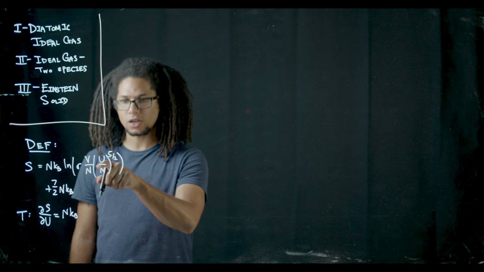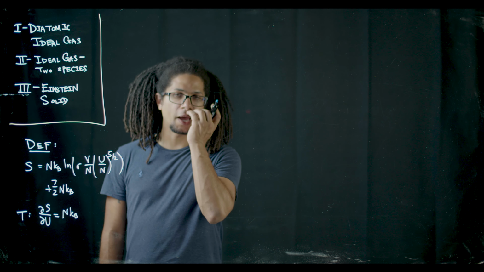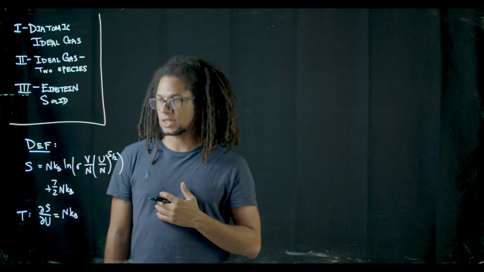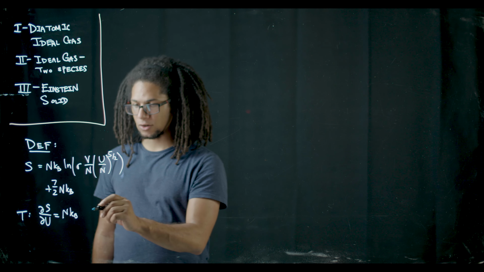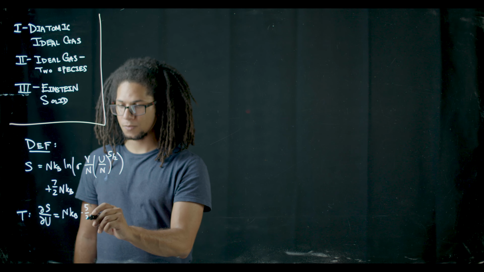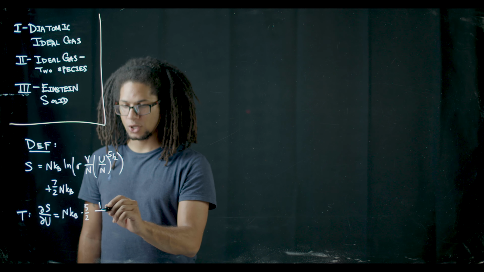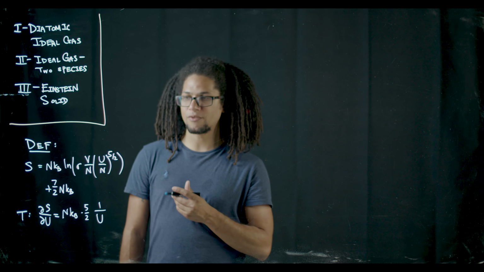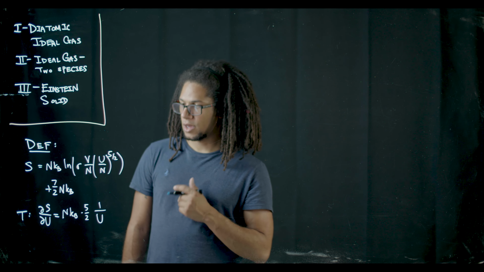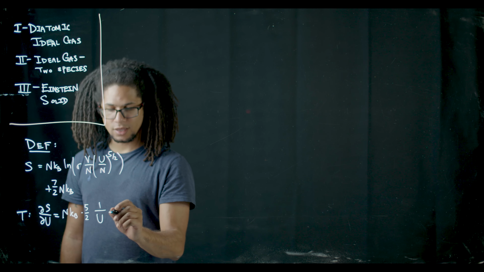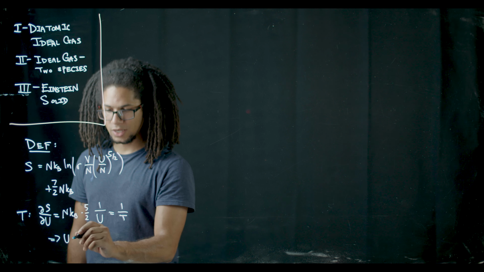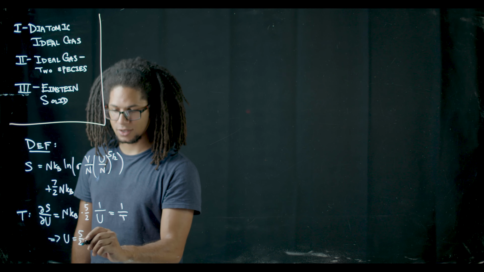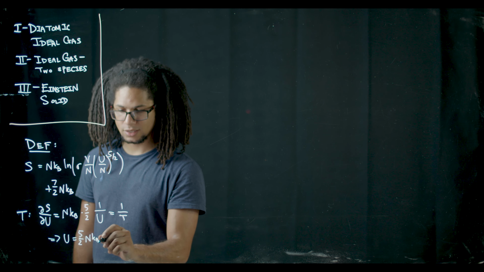Then we have log of U to the 5/2 as the quantity of which we need to take the derivative. The 5/2 comes out as a multiplicative factor as well. And then we get 1 over U from taking the derivative of log U. And this implies, again, that this is equal to 1 over T. So U is equal to 5/2 NKBT.